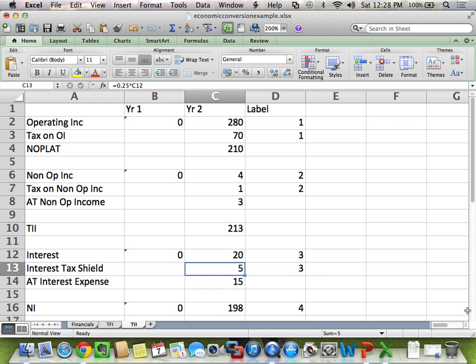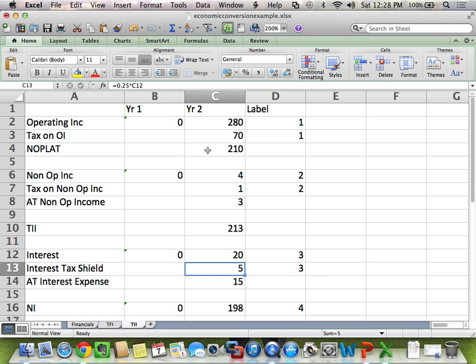That's the other nice thing about when you reorganize these statements. It then makes it easier to do these multiple models because we've just forecasted out the tax shields. So now we can actually do the value of the tax shields separately from the value of the operations of the business, the value of the free cash flows. So now you've got the structure to do the APV, right?